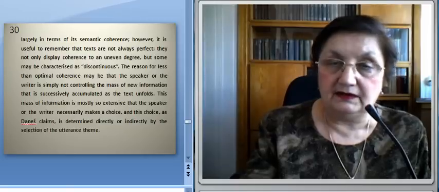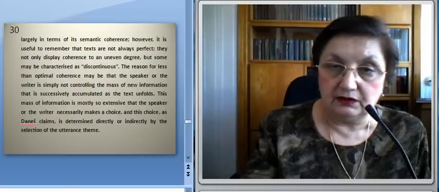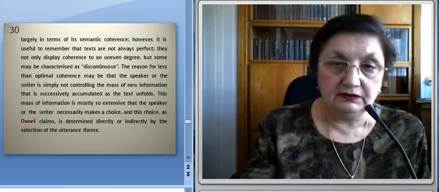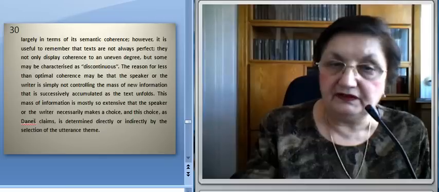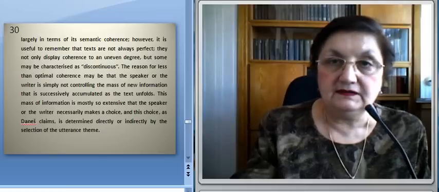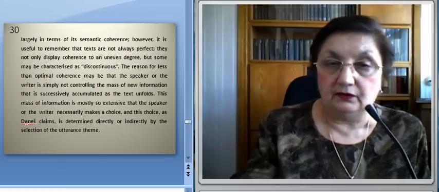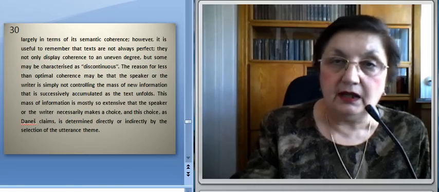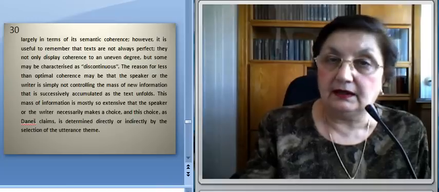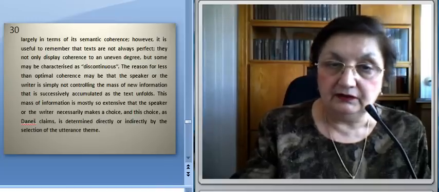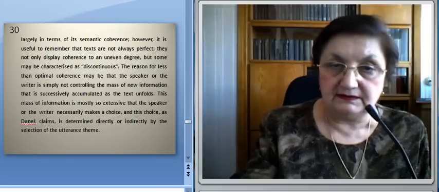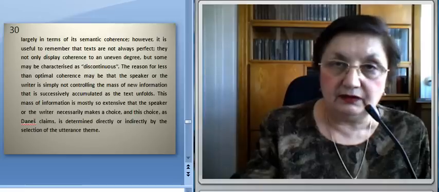This mass of information is mostly so extensive that the speaker or the writer necessarily makes a choice, and this choice, as Daneš claims, is determined directly or indirectly by the selection of the utterance theme. Daneš's basic assumption is that text connexity is represented, among other things, by thematic progression.